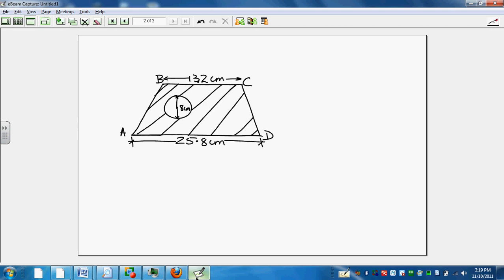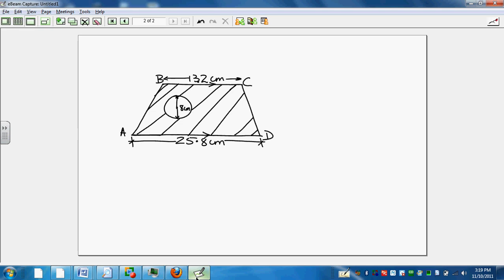Okay, this is the area that we are required to find, the crosshatched area. Now this shape on the board, even though it wasn't indicated in the diagram, it should be understood that those two lines are parallel lines.